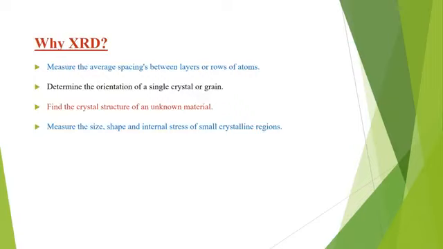Once again we discuss why XRD is used. It is used to measure the average spacing between the layers or rows of atoms. XRD is also used to determine the orientation of a single crystal or grain. XRD is also used to find the crystal structure of unknown material.